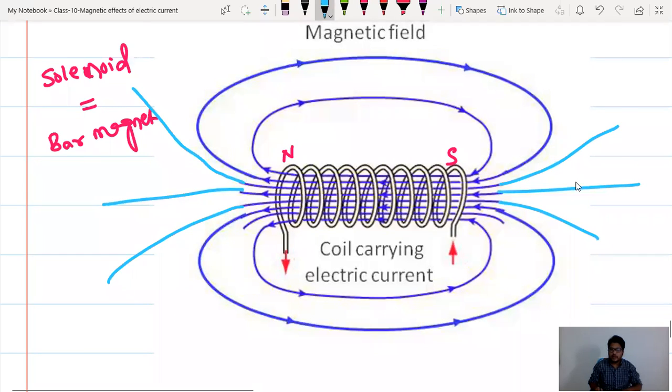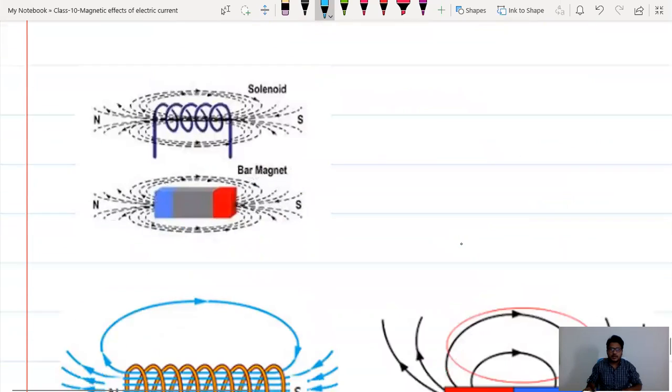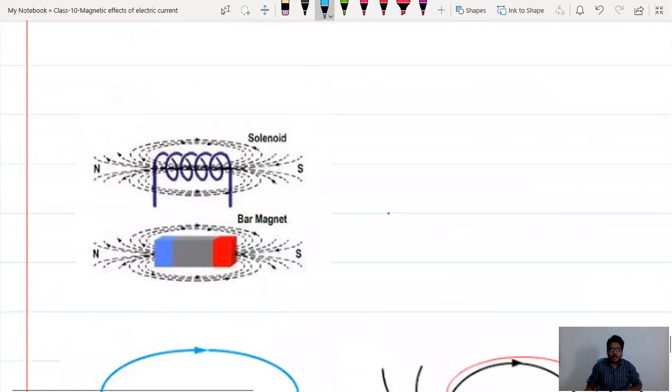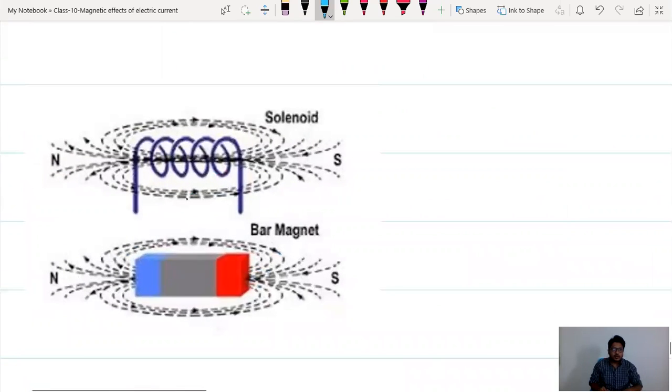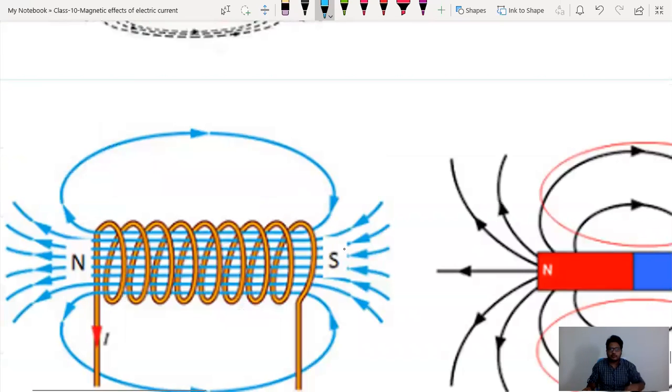So in the middle, it is from south to north. It is flowing from north like that, and it will enter towards south. So solenoid is an exact replica of a bar magnet, guys. Here also you can observe, solenoid and bar magnet, both fields are the same. For the bar magnet, you can draw the middle also like this, and you can represent the direction from south to north like this.